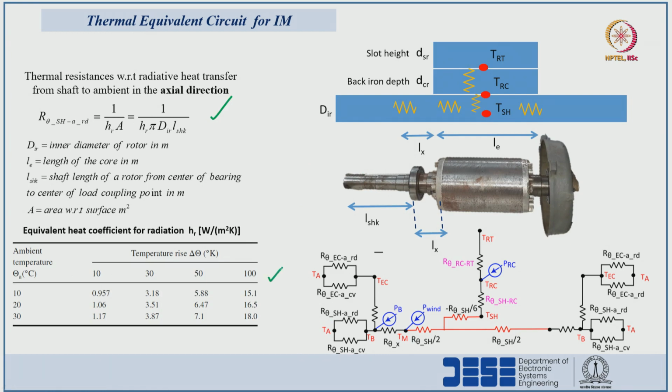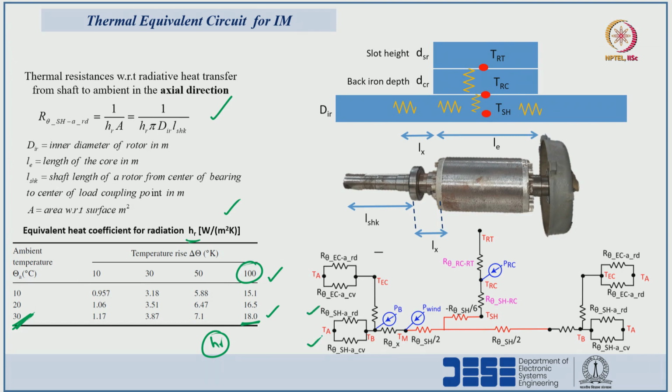The radiative heat transfer coefficient we have to select from this table. So, with respect to the temperature change, let us say the temperature change is 100 degrees and the ambient temperature is 30 degrees Celsius, then the HR value is nothing but 18, we have to select. In the same way, for a different temperature rise, the radiative heat transfer coefficient we can select from this table.